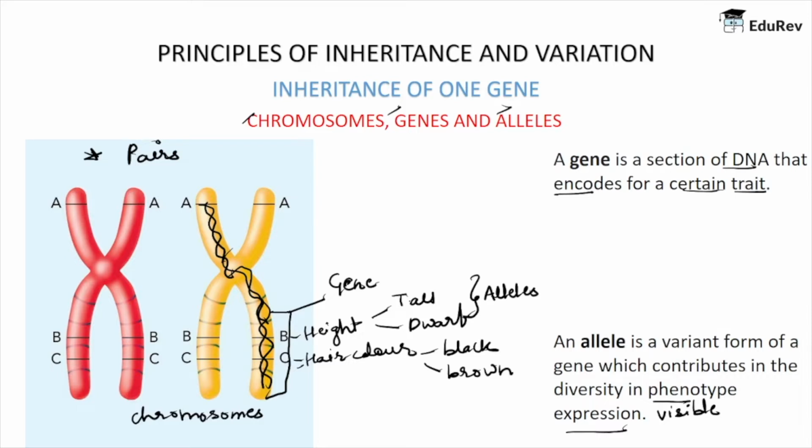Either that person will be tall or dwarf, or that person's hair color might be black or brown. So these contrasting traits are called alleles which are present on a particular gene in the section of DNA.